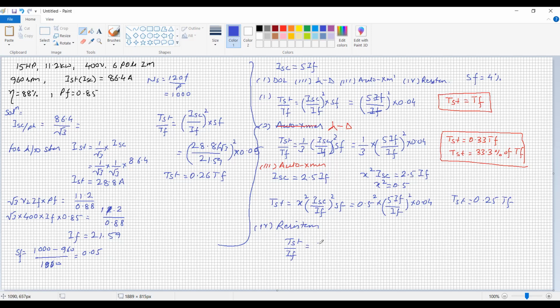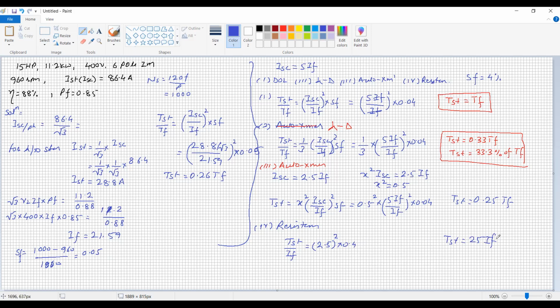So here the current is limited by 2.5 times. So it is 2.5 bracket square into 0.04, and the starting torque is equal to 25% of full load torque.